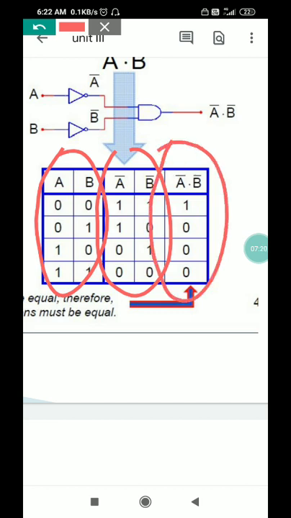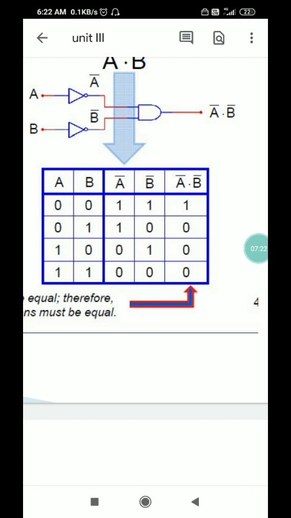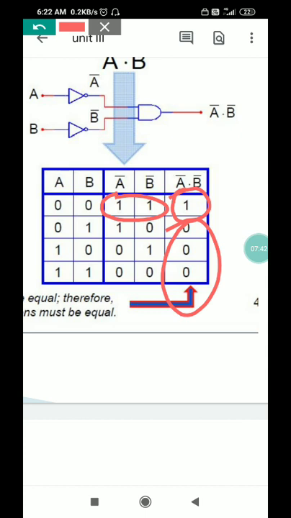Okay, so by the rule, what is the output of an AND gate? An AND gate will produce 1 if all inputs are 1, otherwise it will produce 0. Therefore, if you look at the first row, the input is 1 1, then only the output is 1, otherwise it is 0. Okay, so this is how we have this response.